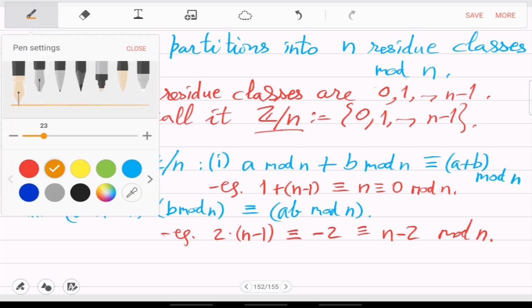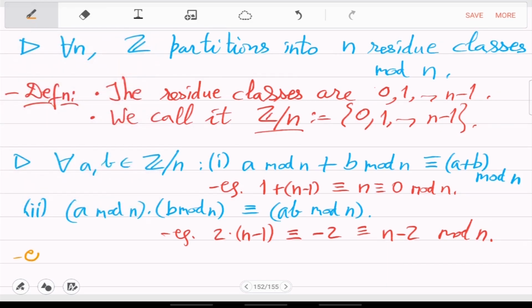Right, so another example of the type that we saw in the last class. Suppose you have to compute 2 raised to 39 mod 10, which is basically the last digit. Right, so how do you calculate this? This is again, just doing multiplication will suffice.